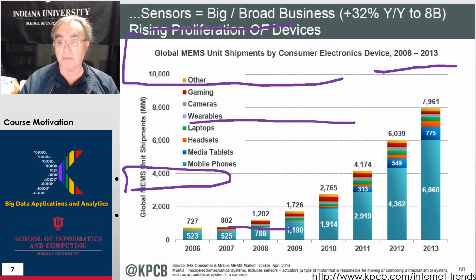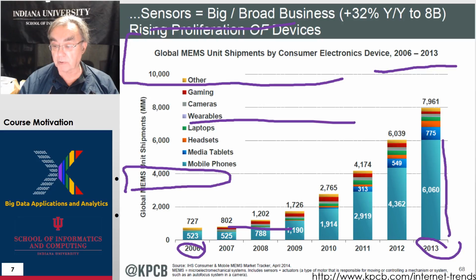And here we have a picture from KPCB, Mika, a standard picture of the growth from 2006 to 2013 of these MEMS data, micro electromechanical systems, and notice that mobile phones are the largest.